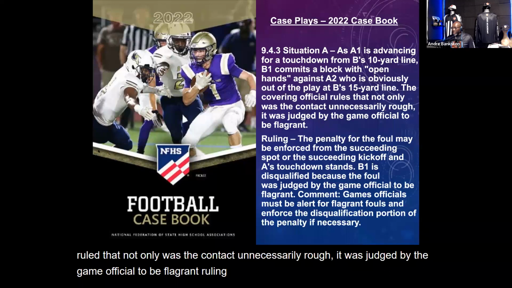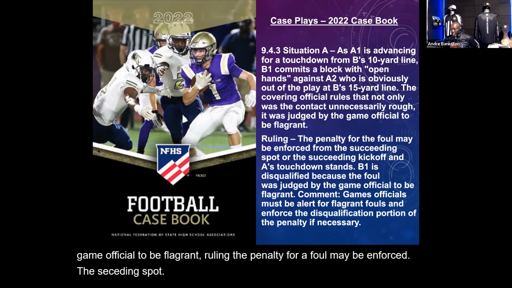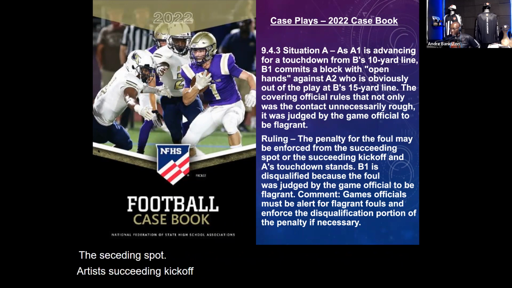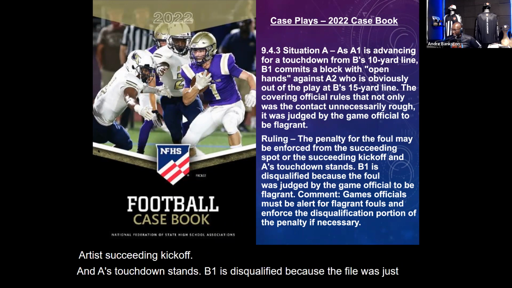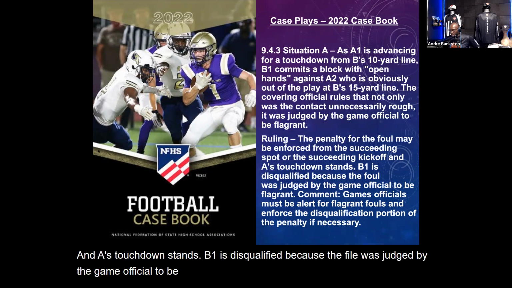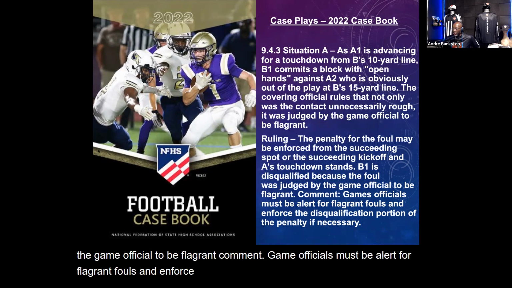Ruling: the penalty for a foul may be enforced from the succeeding spot or the succeeding kickoff, and A's touchdown stands. B1 is disqualified because the foul was judged by the game official to be flagrant. Comment: game officials must be alert for flagrant fouls and enforce disqualification portions of the penalty if necessary.